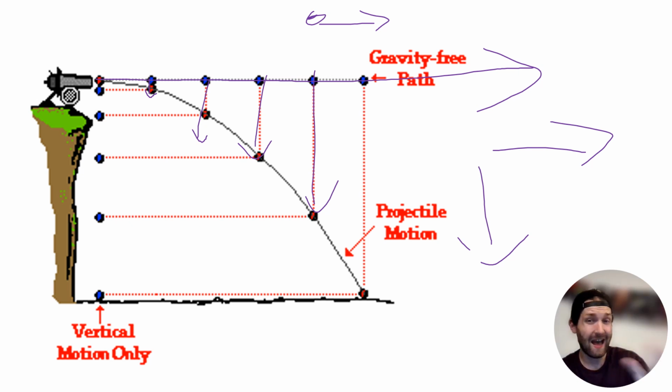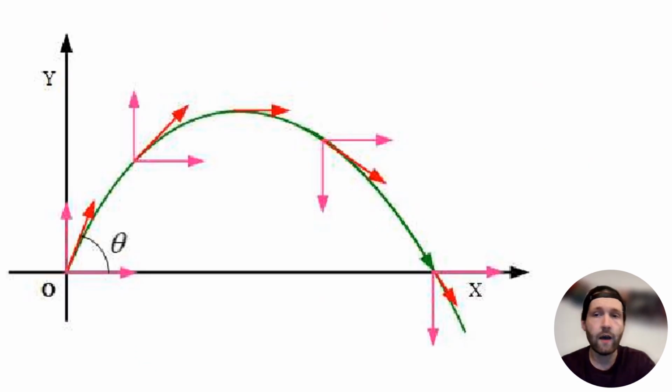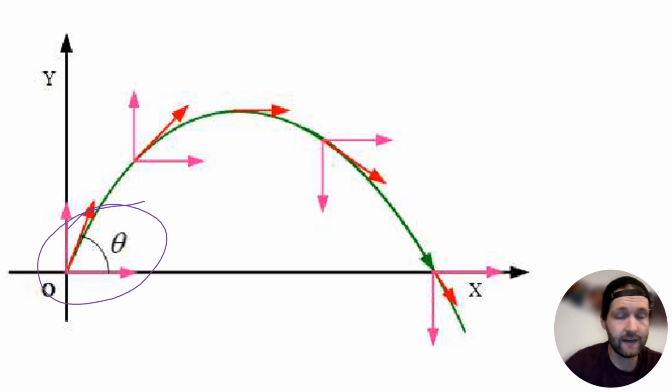This curved path, you'll see it here in the diagram, scribbling on it, we can refer to as projectile motion. Now, what happens if we throw that ball at an angle? Before we had it being launched horizontally, and now we are projecting it upwards at an angle. We can see here angle theta.